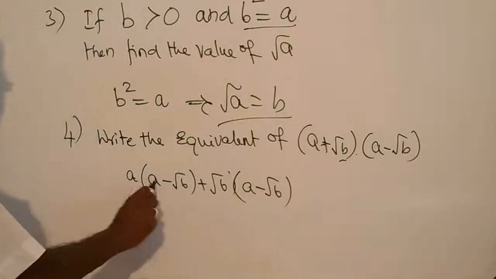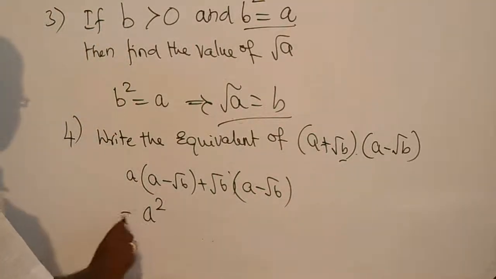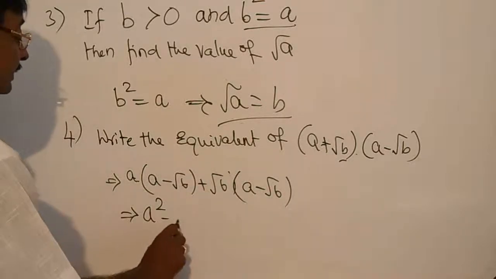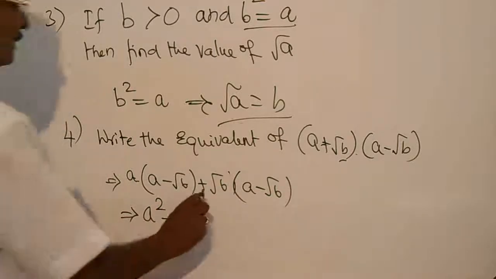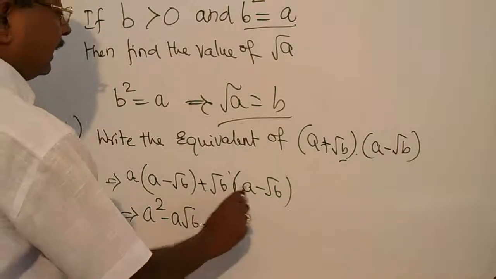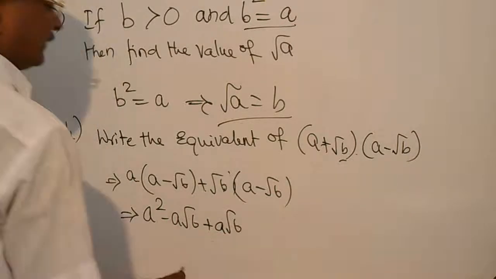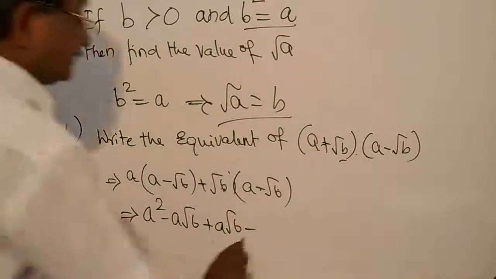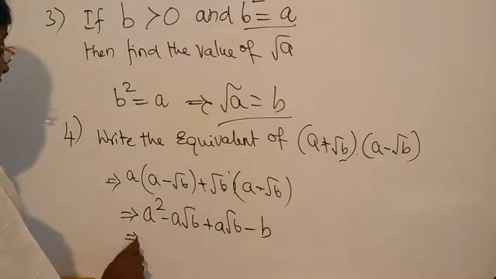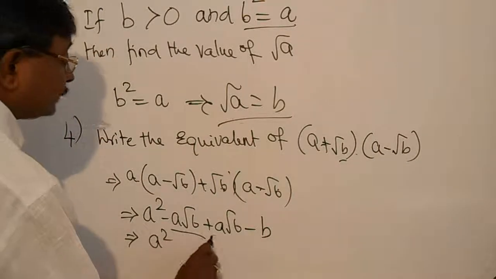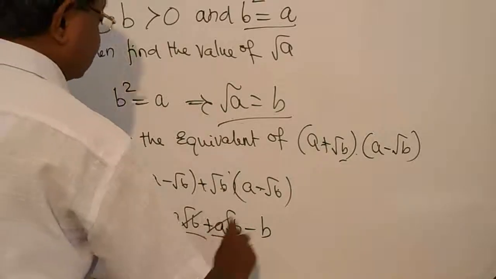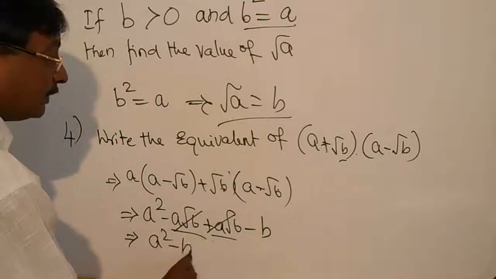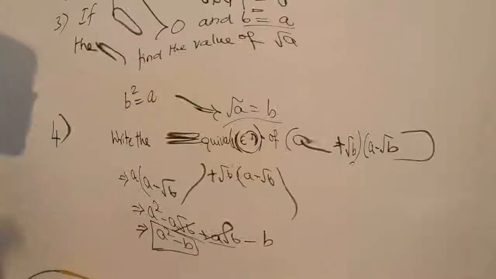A into a is a square, a into minus root b is minus a root b, next plus a root b, and plus root b into minus root b is minus b. Since these two unlike terms get cancelled, the answer here is a square minus b.